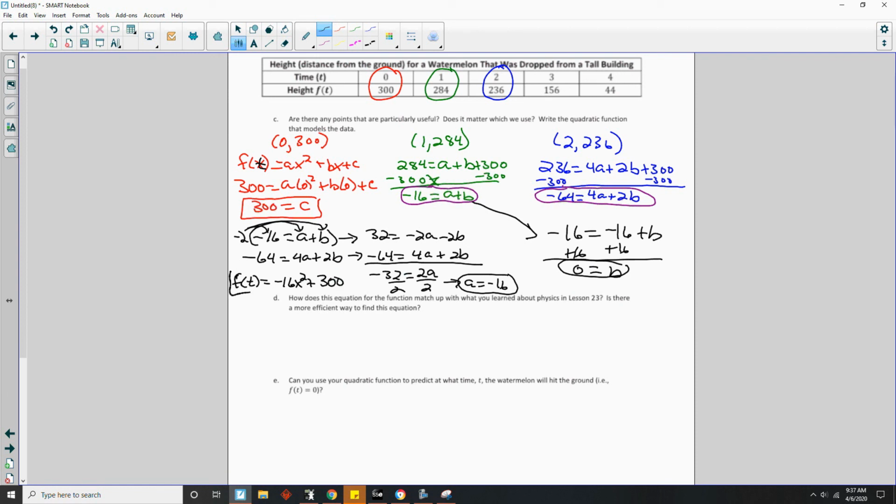So my function is f of t equals, let me fix this, negative 16t squared, not x squared, plus 300. All right, so this is the equation in terms of t. F of t equals negative 16t squared plus 300.